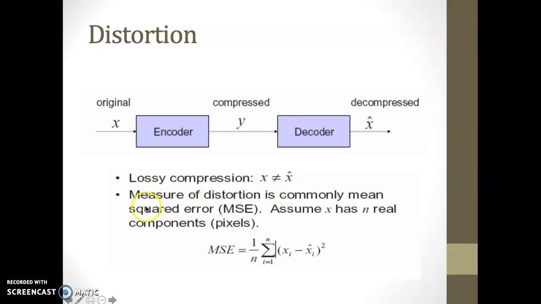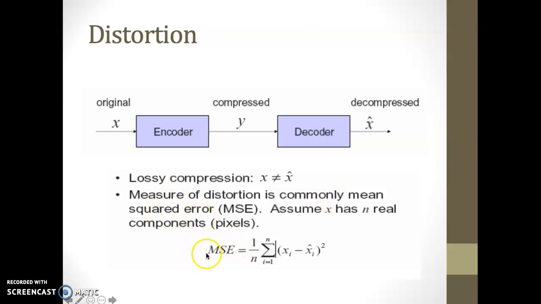For this reason, you have to measure the distortion. This distortion is commonly measured using the mean square error. You get the distortion from the difference between two images: this is the original, this is the decompressed. You calculate the difference between these two for all the pixels in the image, and divide by N. That's how you get the MSE, the mean square error.